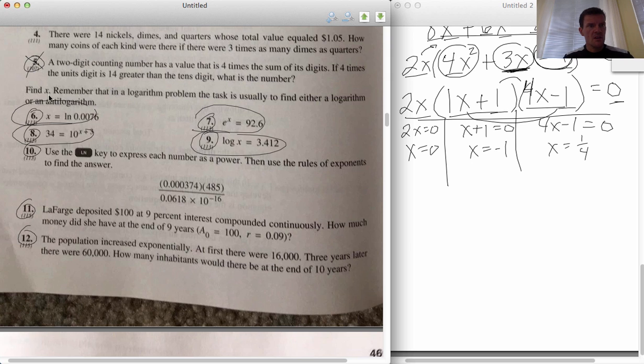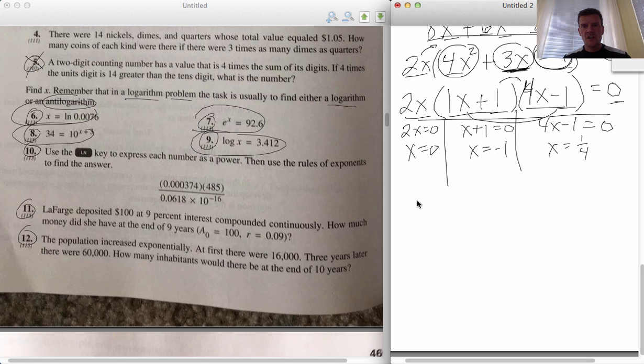Remember that in a logarithm problem, you're either going to find a logarithm or an anti-log. Let's first talk about what that is. When we talk about a logarithm, or log for short, log basically means exponent. Log equals exponent.